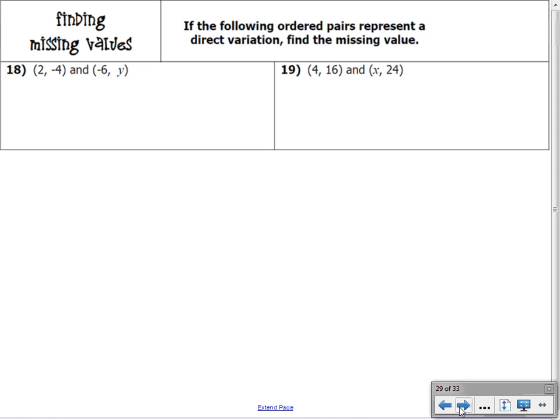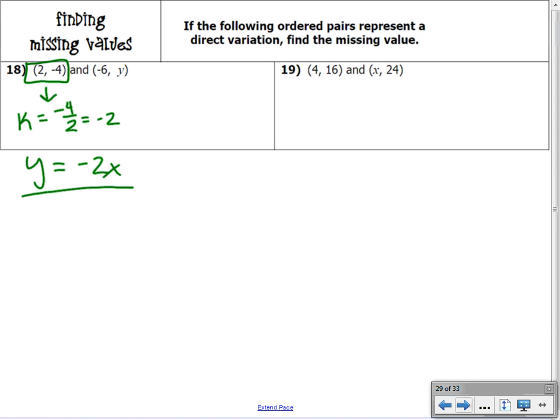So what we're going to always do is start with the point that we know everything about. We know the x, we know the y. This point will tell us the k value, or the constant of variation, of my direct variation. This tells me the constant of variation is -2, which means the equation for my direct variation is y equals -2x.